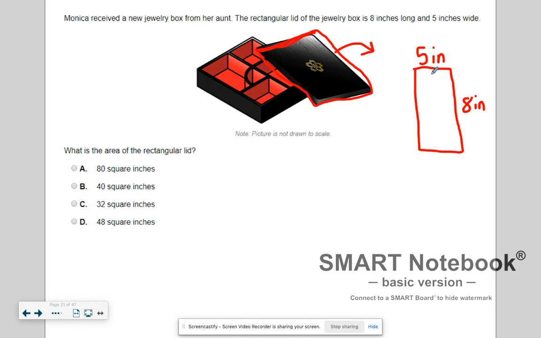And I want to find the area on the inside, so I just have to multiply 5 times 8. And that should give you 40 square inches. Don't forget that's square. Okay, so if you don't have a picture, you can draw one.